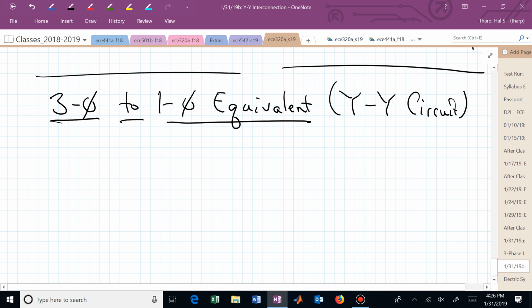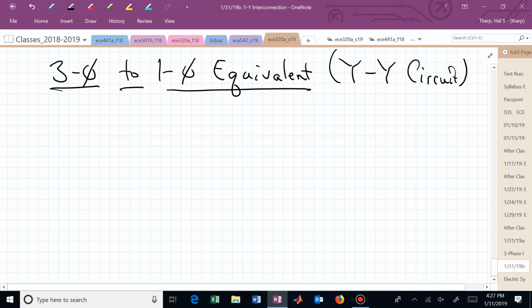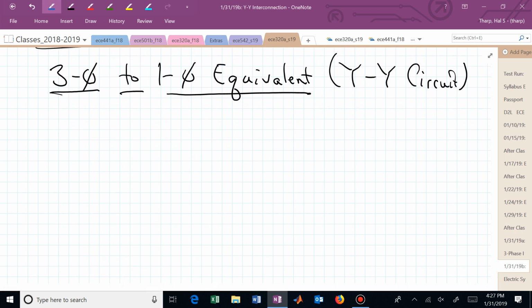If somebody gives us a delta Y, then we convert the source to Y, and now we have a YY. If we have a delta delta, then if we don't have any transmission line impedances, it's somewhat clean to analyze in just the delta delta configuration. But first, to get us started, let's find the current in that neutral conductor.